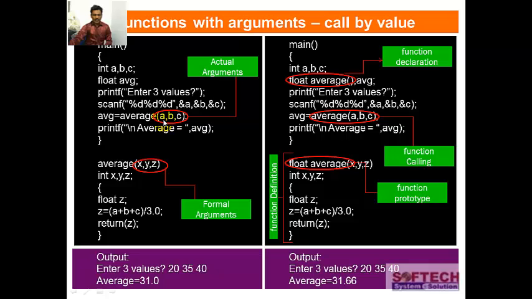The calling time, that argument is called an actual argument. The receiving time, that argument is called a formal argument. Now A, B, C values are transferred to X, Y, Z respectively: A value 20 is transferred to X, B value 35 to Y, C value 40 to Z, as per our example.